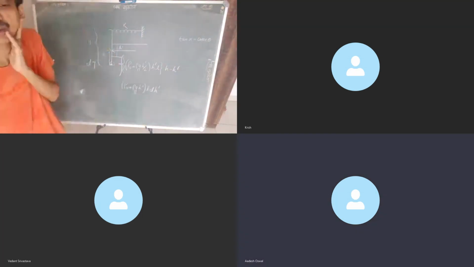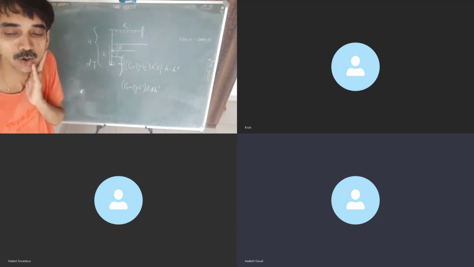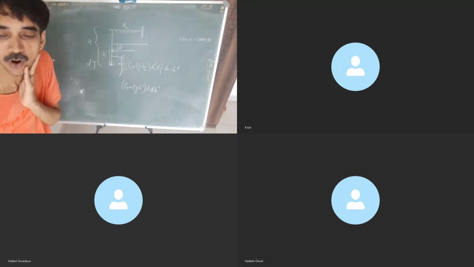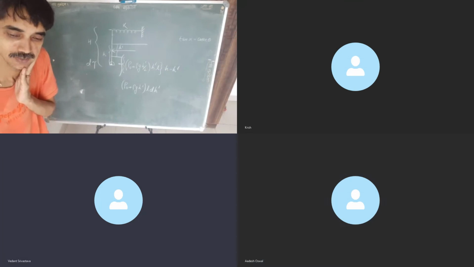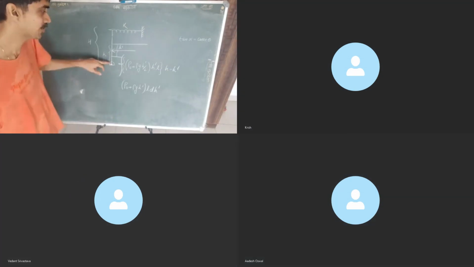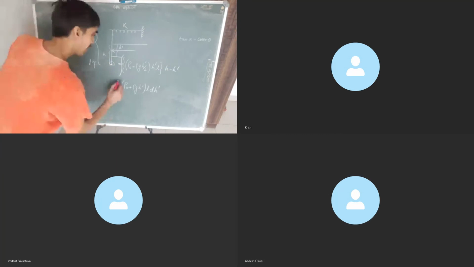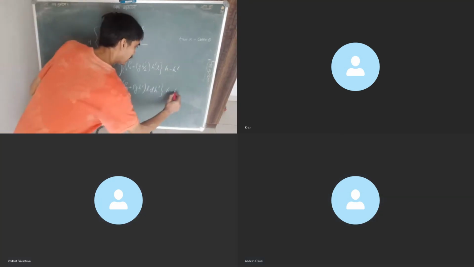Agreed? What will this get you? This will get you force, on what line? And that line is at what distance from the hinge position? Perpendicular distance h minus h prime.